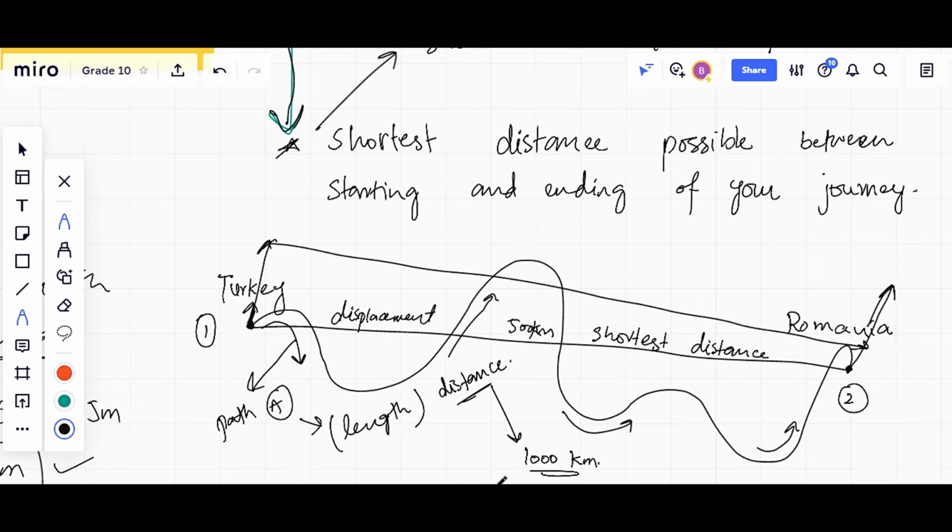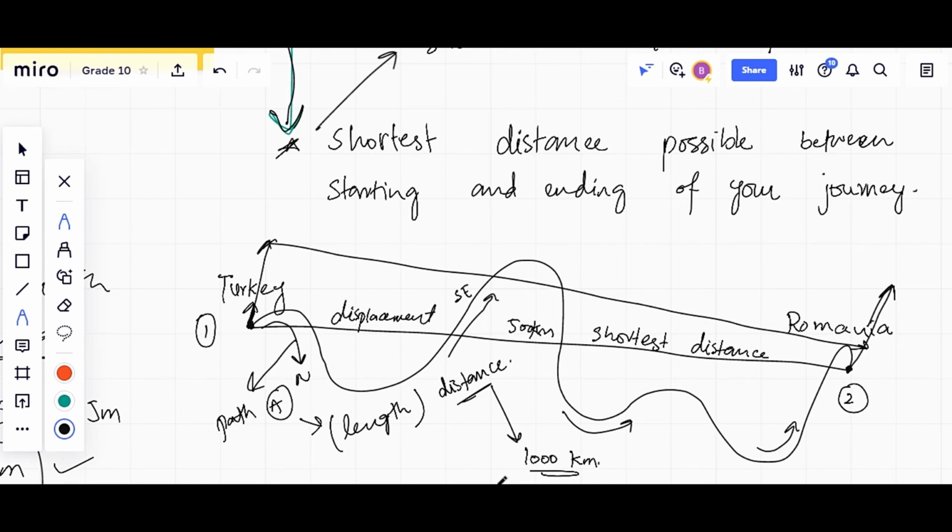But displacement is always about direction. From one point to another, you are moving east or west, or in some direction. For example, from Turkey to Romania, you cover a distance of 1000 kilometers, but you don't know the direction, because the road is changing direction all the time. In the beginning of your journey, you're coming downwards, towards the north side. Then after some point, you take a turn and start moving upwards, say southeast.